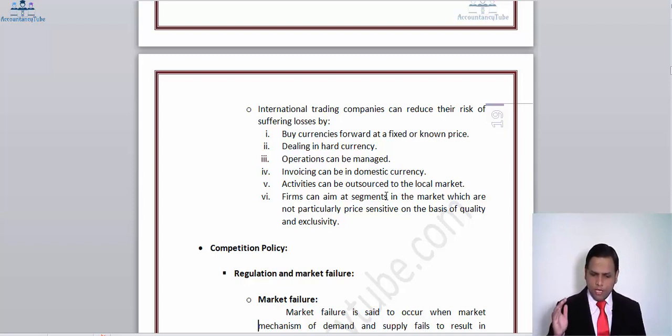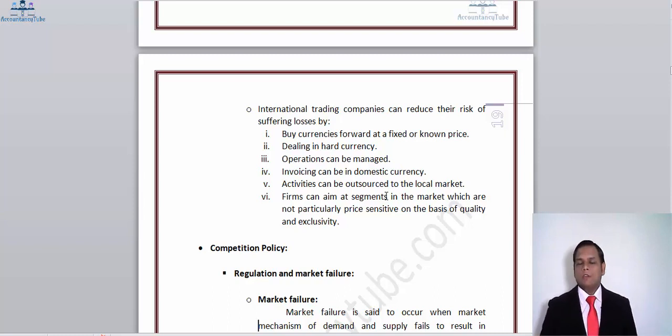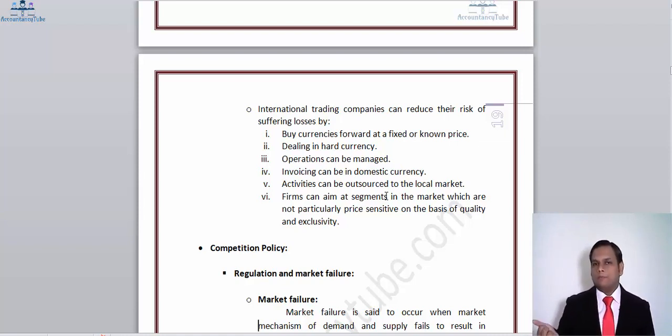Then we have activities can be outsourced to the local market. If the services or goods being received from the foreign market can be produced locally, or the local producers can substitute those goods, then it's best to use the domestic producers because they are cheaper.